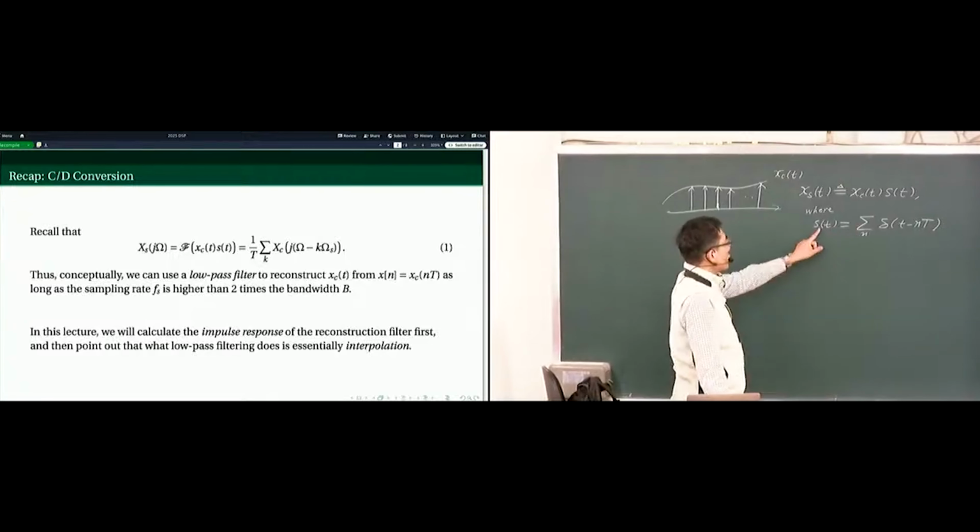So that's the definition of the function s of t right there.